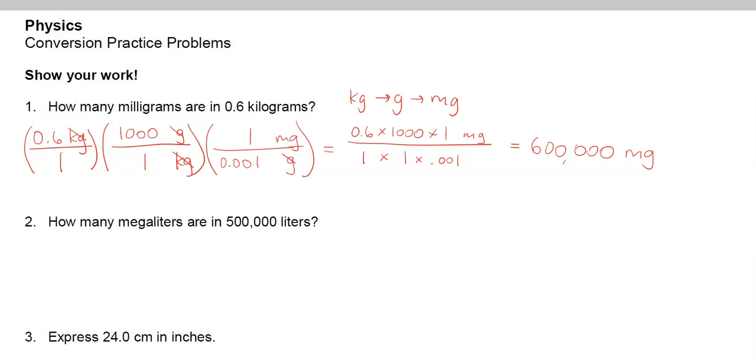So this original number had 1 sig fig, because this 0 right here doesn't count. It's just holding the 6 out in the correct decimal place, right? I could technically write this as 6 times 10 to the -1, okay? So then this also just has 1 sig fig, so that's fine.